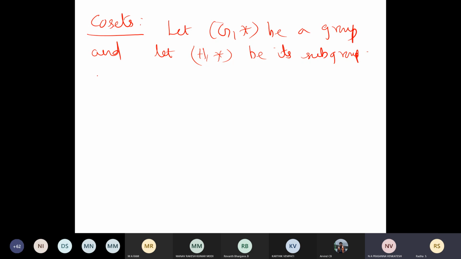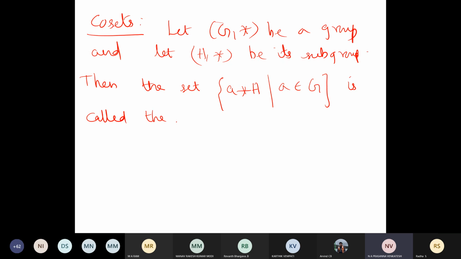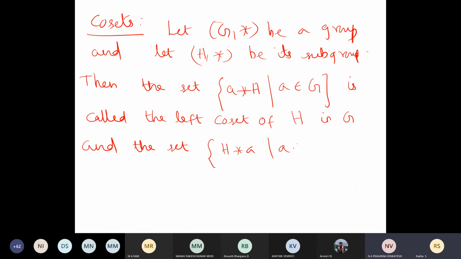Then the set a star H such that a belongs to G is called the left coset of H in G, and the set H star a such that a belongs to G is called the right coset of H in G.